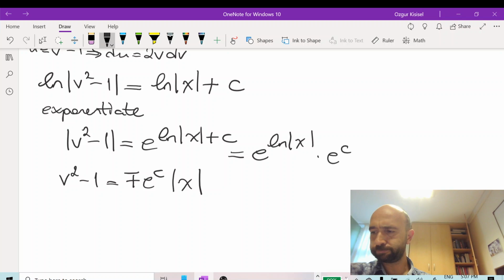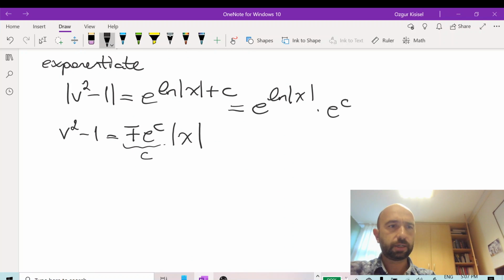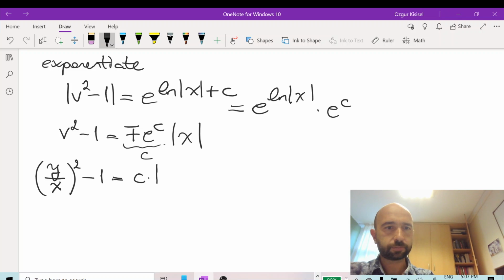Okay. Now you could rename this constant as c, as we have done before, and let's put v equals y over x back again. Then v squared minus 1 is c times x.